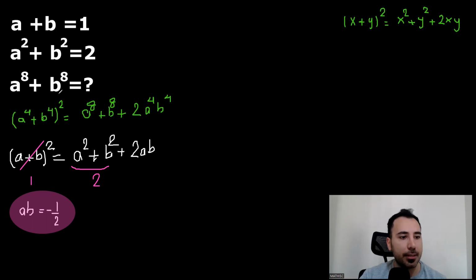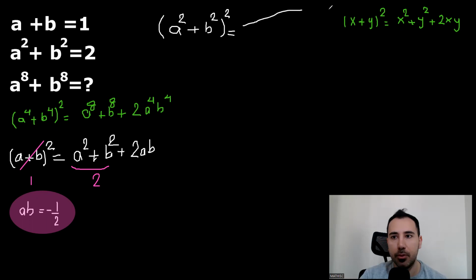To find this, I'm going to use this: (a to the 2nd power plus b to the 2nd power), all of it to the power of 2, equals, remember that I'm using this, right? Instead of x, I'm using a squared, instead of y, I'm using b squared.